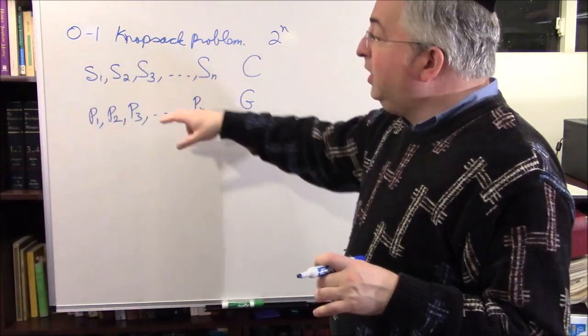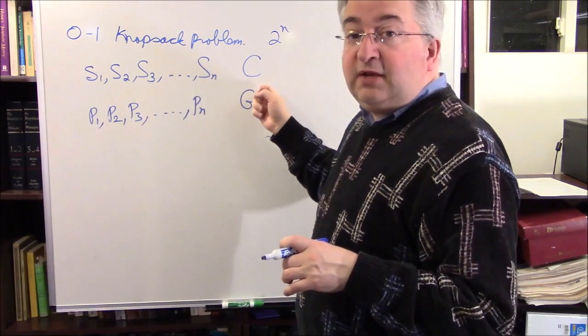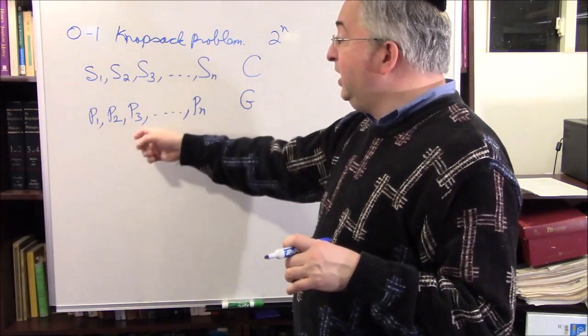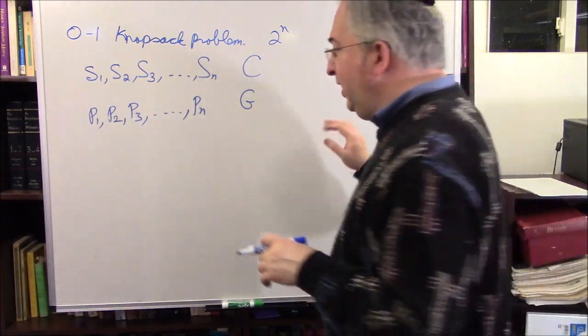Can I fit some of these things into the knapsack below or equal to capacity, and get more than the goal or more? So let's write it out.